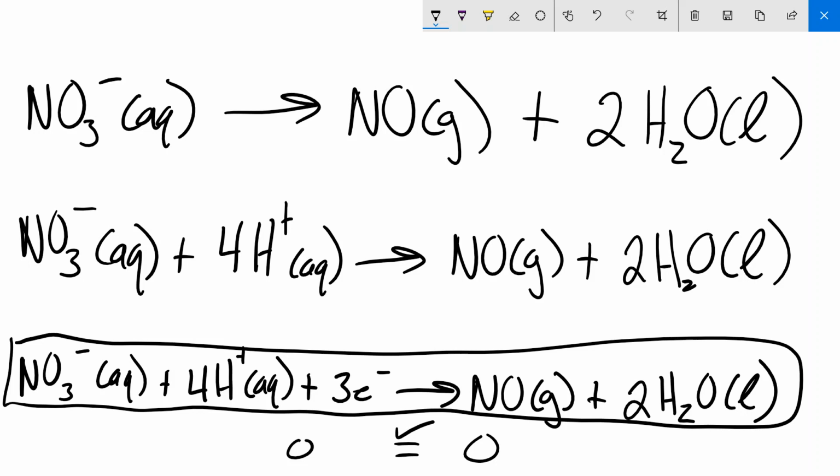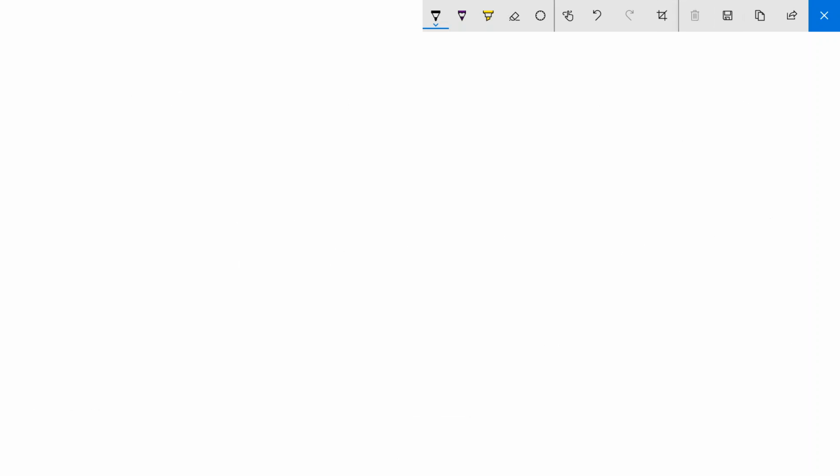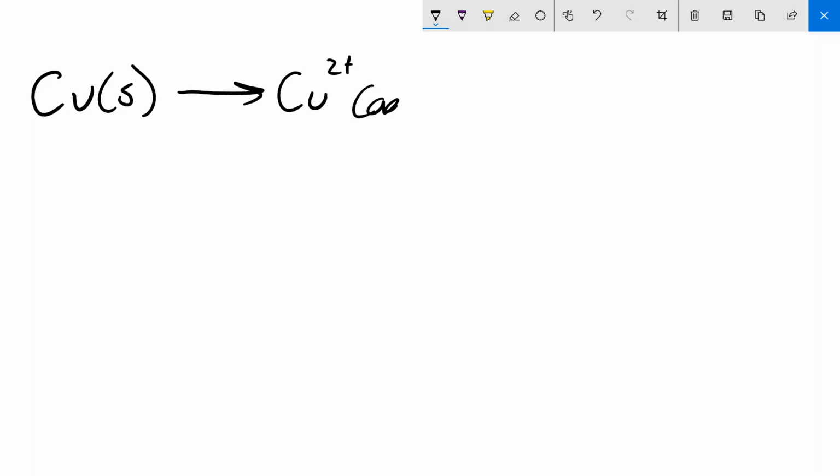Okay. So now that we've tackled both of those individually, we can now combine the two to get our final answer. So I'm going to make this screen disappear, and we're going to rewrite both of our half reactions that have been completed. So for our oxidation, that was the copper as a solid going to Cu2+ aq plus 2 electrons.